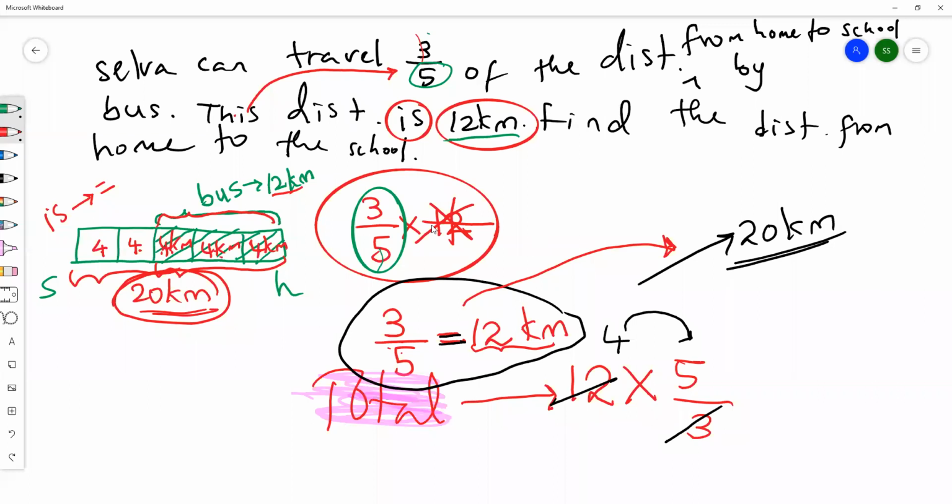Number of cows, goats, cats, bulls, coconuts, toffees, pens, pencils, kilometers, milliliters, area, whatever it is, or rupees, to find the total, the fraction will change as reciprocal, upside down. Okay? Is it clear?